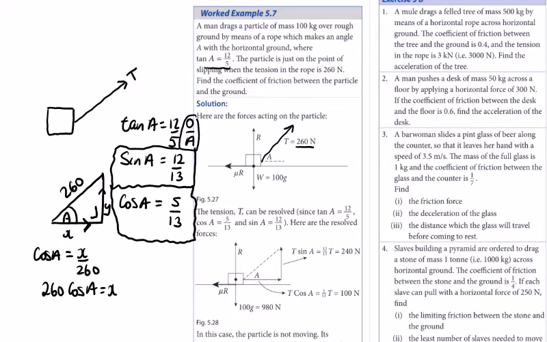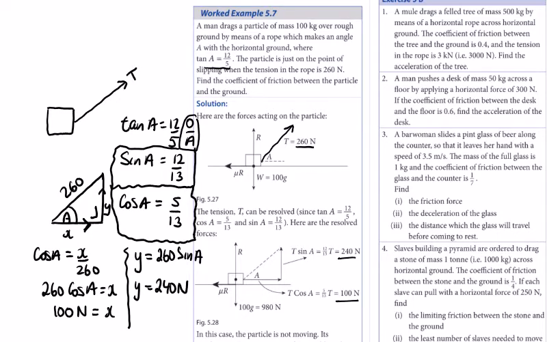So 260 by 5/13 is going to be 20 times 5, so 100 is equal to X, or we could say 100 newtons. 100 newtons is equal to my X, and my Y is going to be equal to 260 sine A.